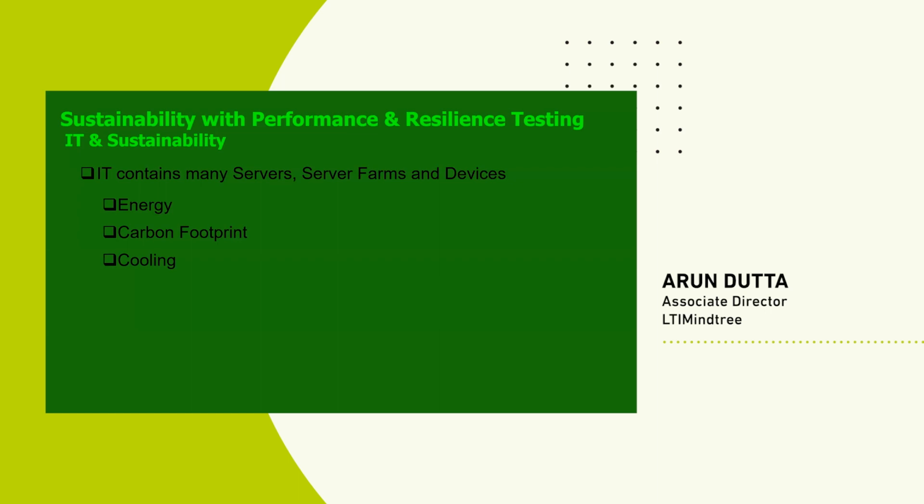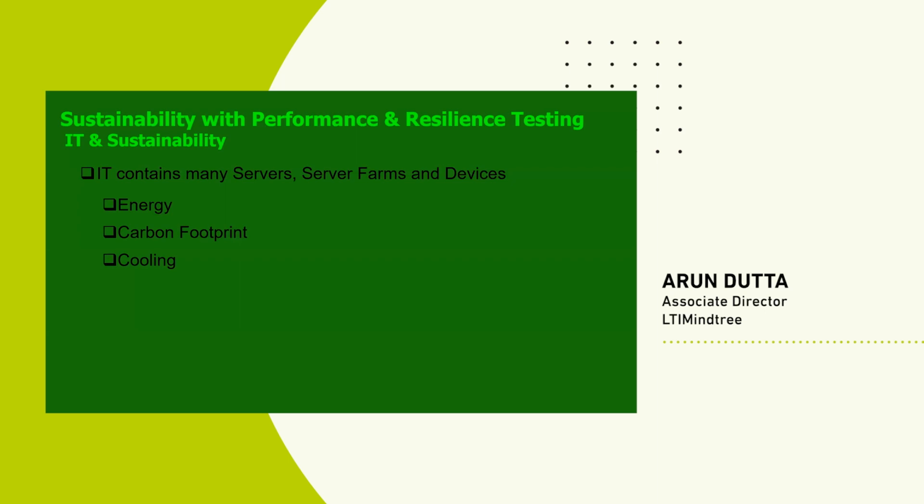And as we are saying, so many devices, server farms and equipment are generating a lot of heat. To cool those machines, we also have to use another source of energy, otherwise those machines will keep generating heat, right? So it requires more energy to cool down.